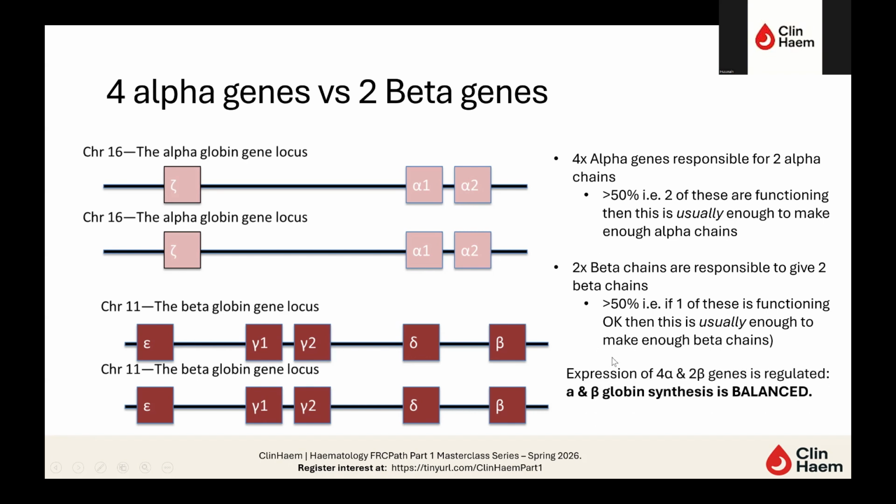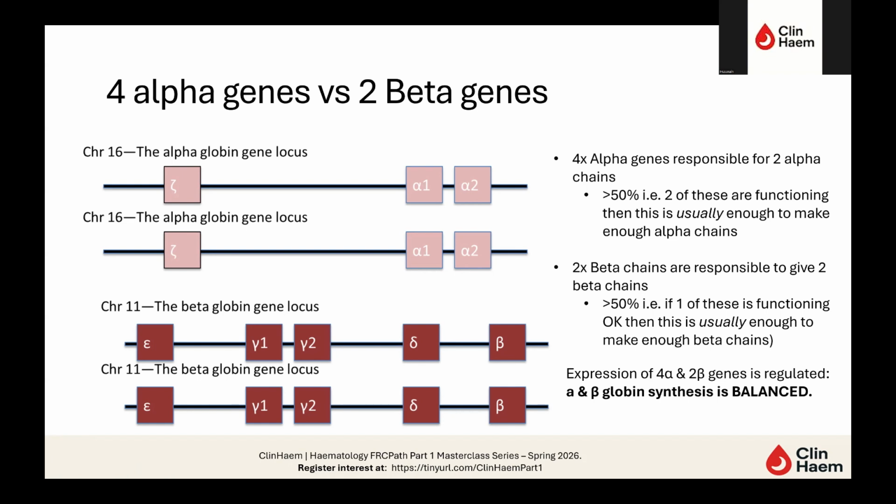In health, the expression of these four alpha genes is balanced against the expression of these two beta genes quite nicely, to the effect that balanced amounts of alpha and beta globin chains are synthesized so that you do not have any excess of alpha chains or excess of beta chains, because both of them in excess in isolation will cause problems.